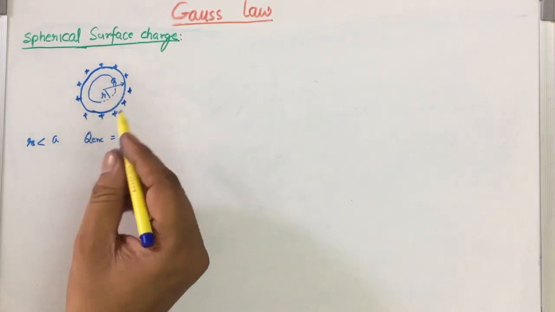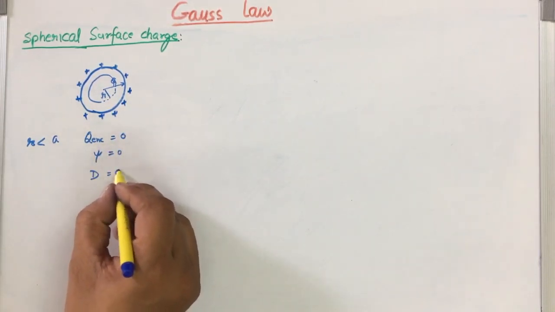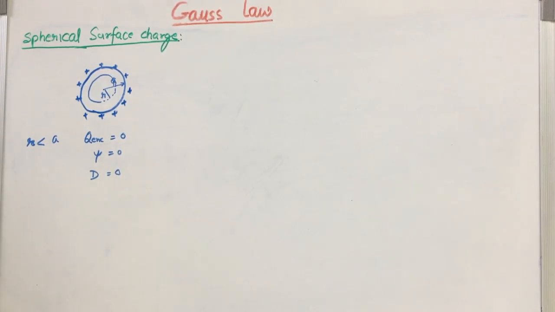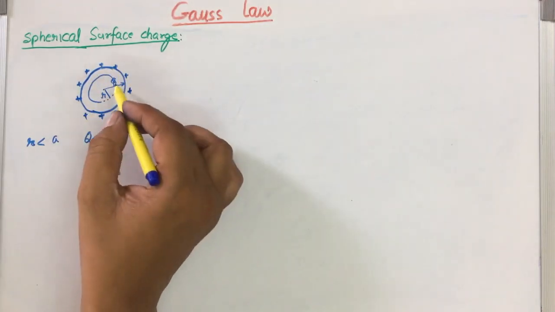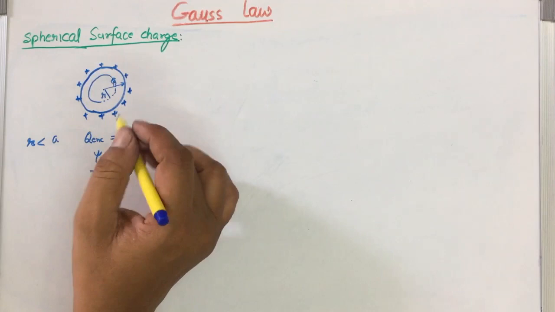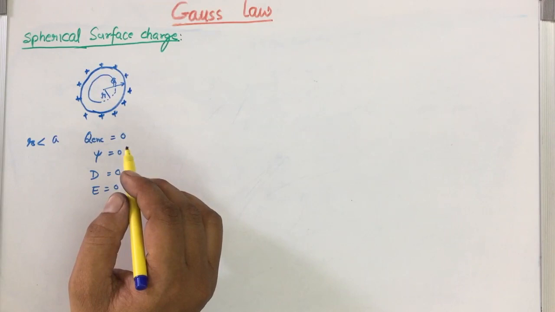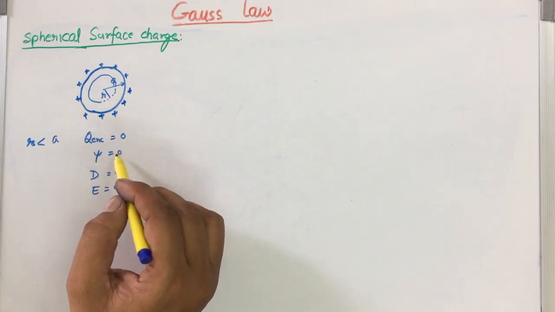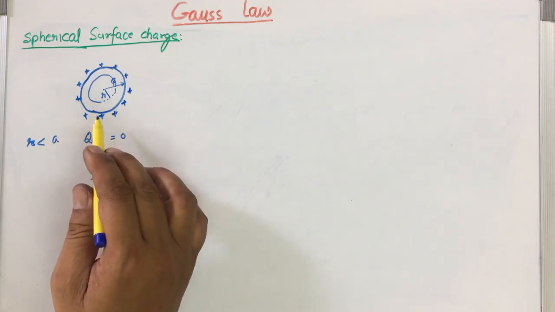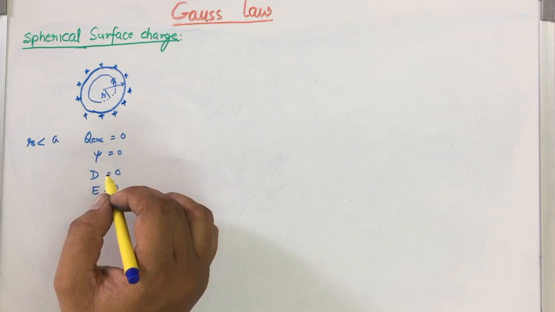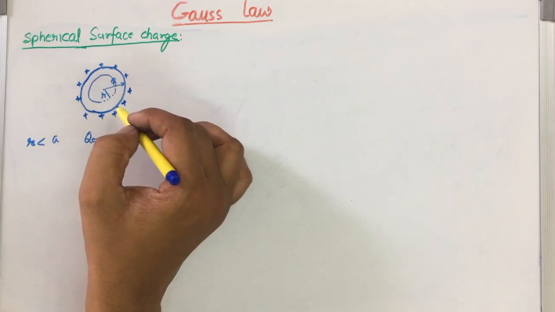So flux will be 0. It means inside a conductor with surface charge distribution there is no electric field and no flux for a perfect conductor. So the final conclusion is there is no electric field inside a perfect conductor.